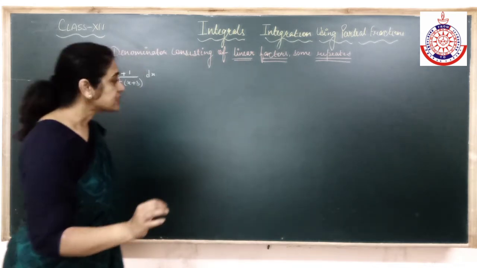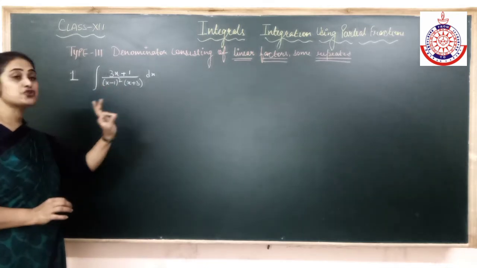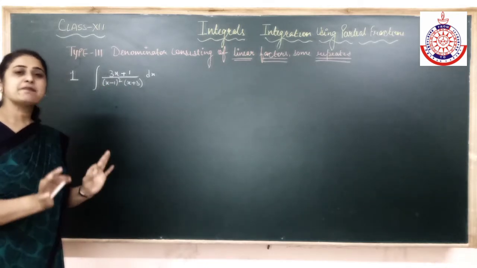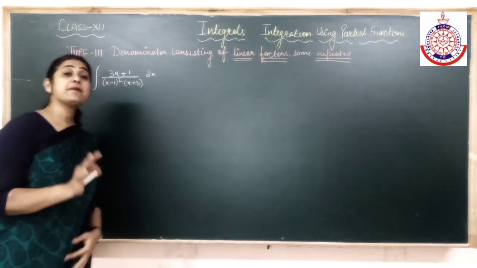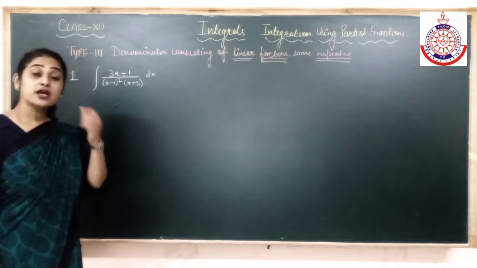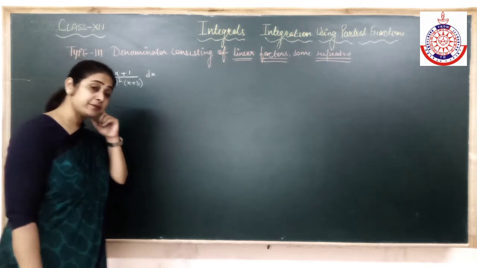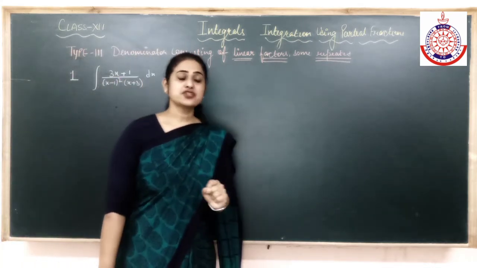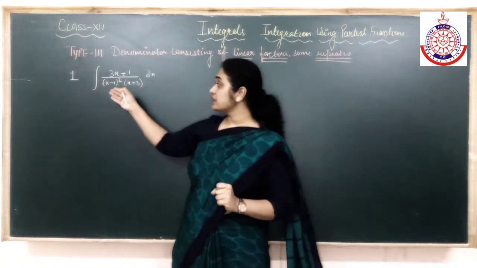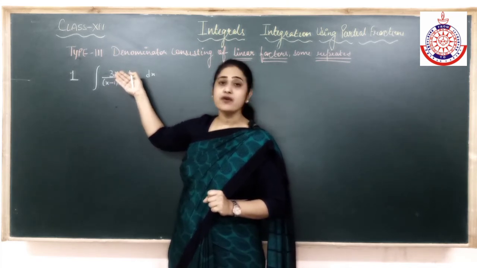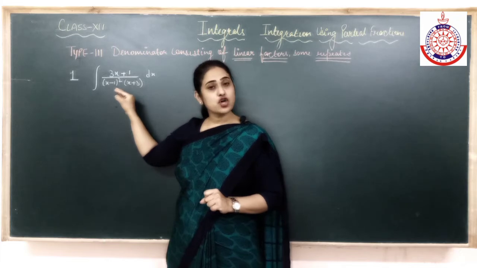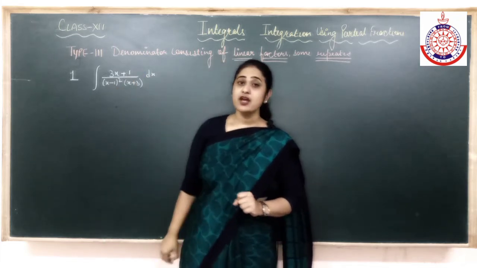But after seeing the question, the first question is: can I apply partial fraction on it or not? When do we apply partial fraction, children? Yes, we apply partial fraction when the degree of the denominator is more than the degree of the numerator.